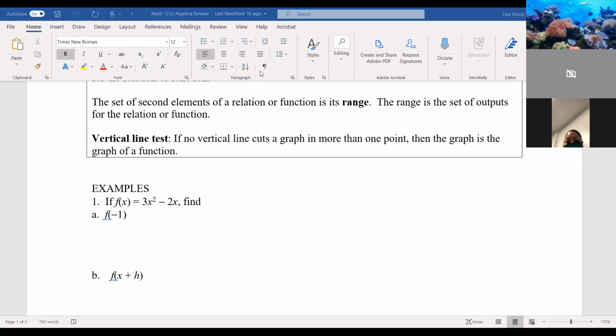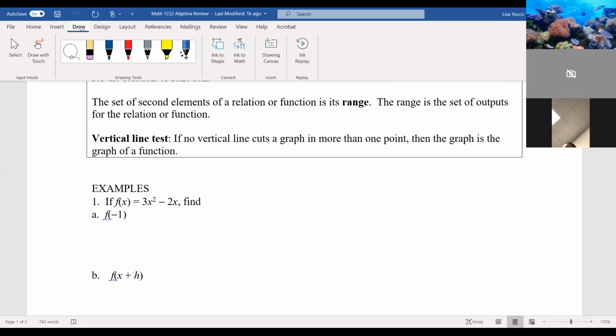All right, so to begin with, we're going to evaluate some functions, which just involves substituting in a function. So when you see f of x, that's your function notation, and f of -1, what does that mean?